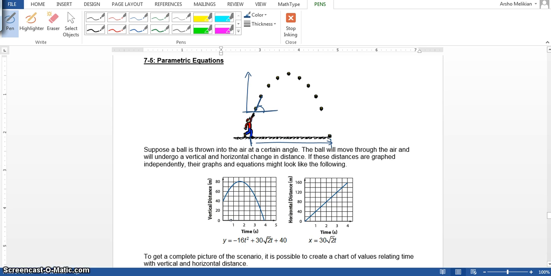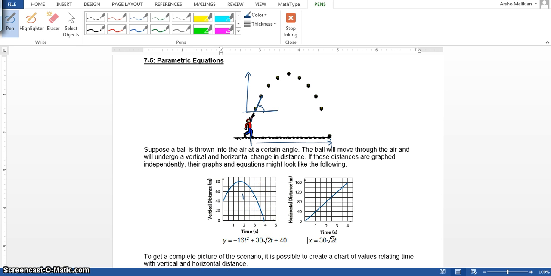At t equals 2 seconds, the ball is now at about 79 or so feet above the ground. At time almost 4 seconds, the ball is now on the ground. So it was here, it moved up, further down, down, and then finally hit the ground.